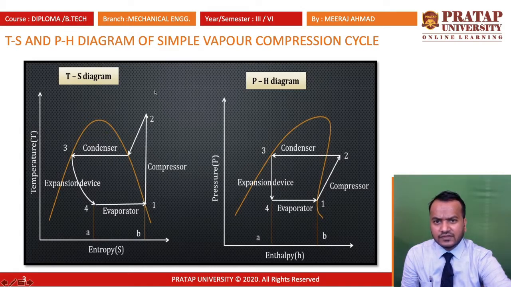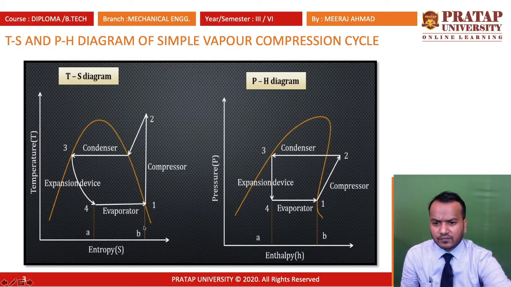We know that in the simple vapor compression cycle, point 1 is in the saturated vapor state, which is the inlet to the compressor. The saturated vapor enters the compressor, is compressed adiabatically, and comes to state 2.